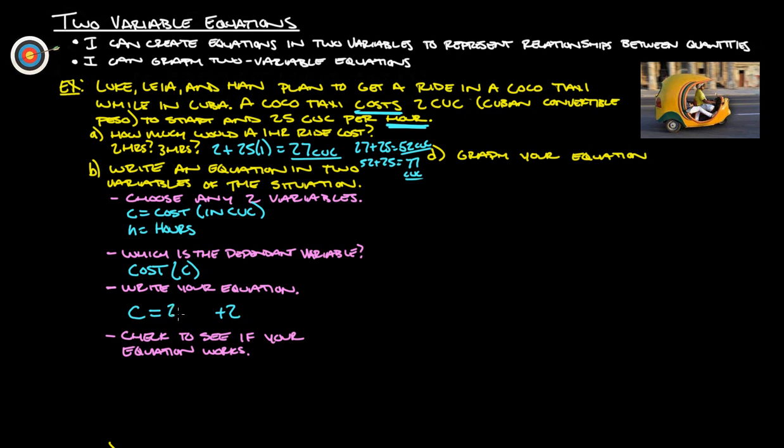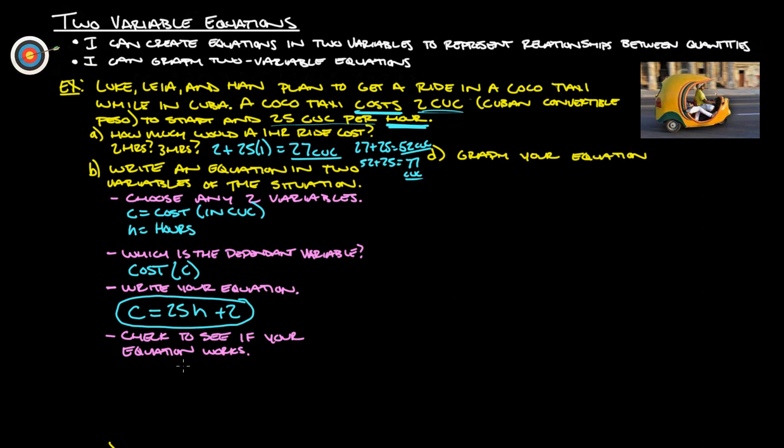So we're going to do 25 times the number of hours. So this here can be our equation. The cost is going to equal the number of hours multiplied by 25 because it's 25 CUC per hour, and then add the 2 CUC that it costs just to get into the Coco taxi.